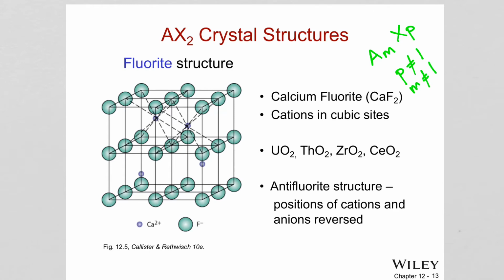Therefore, these types of structures are called AX2, like calcium fluoride. If we take a look at the ionic radii ratio, which is 0.8, according to it this should have a coordination number of 8.